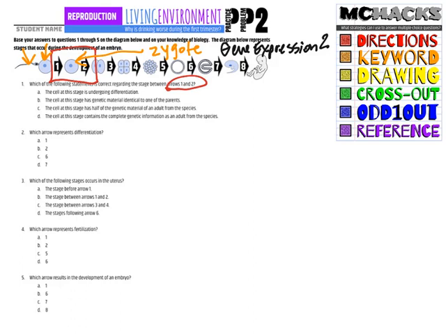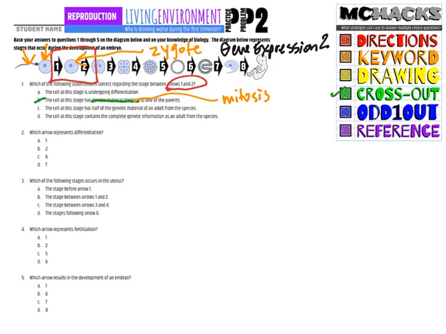So what I'm going to do is use this strategy, the cross-out strategy, and take note of this word. This genetic material is not identical. Because when you have identical genetic material, that means mitosis. And that's not the case.